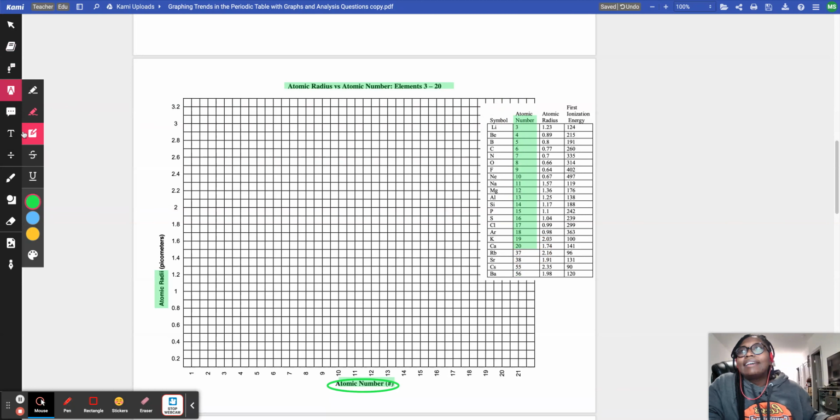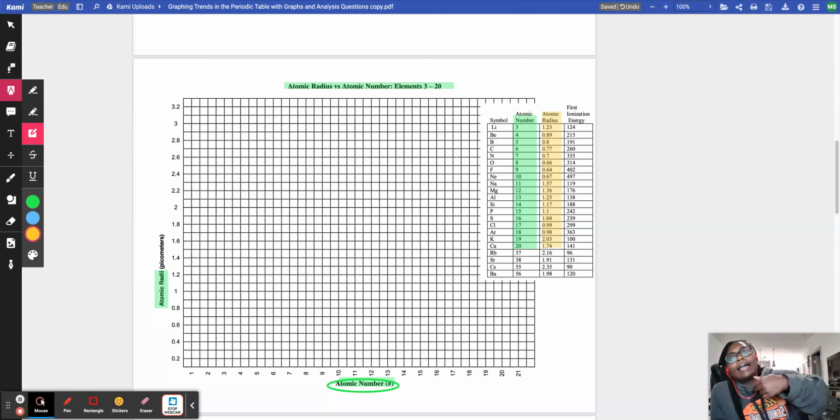On the y-axis, we have the atomic radii, and we're only going to go through atomic number 20. The reason I know this is because the x-axis is our independent variable, and the y-axis is the dependent variable.